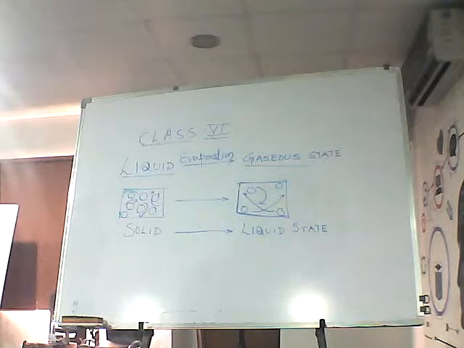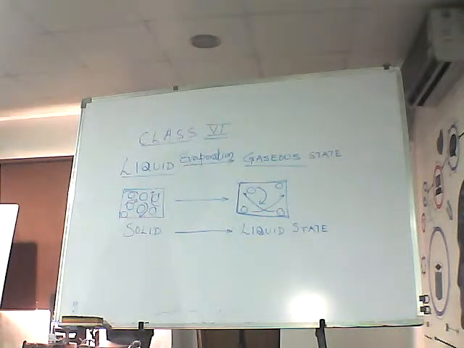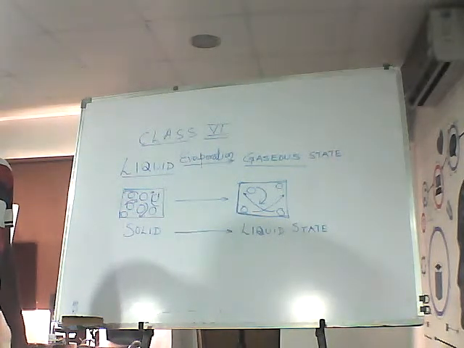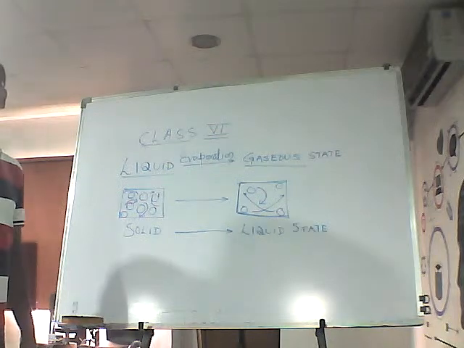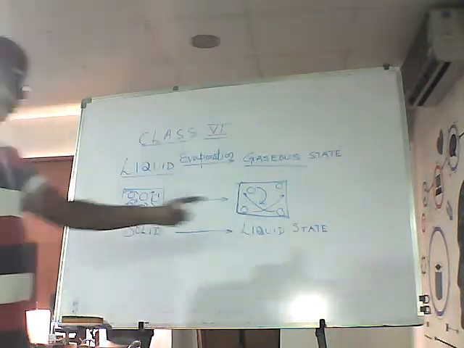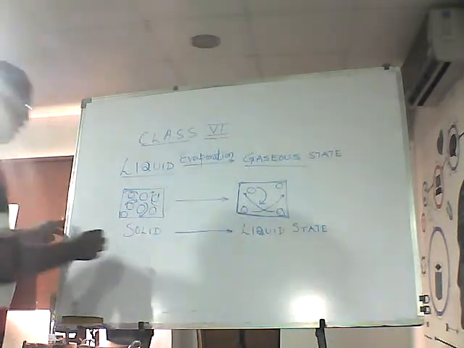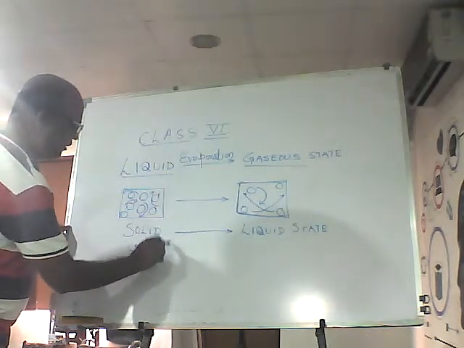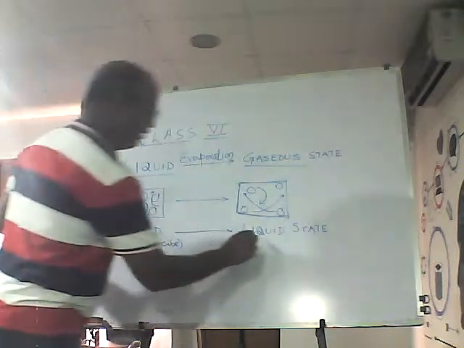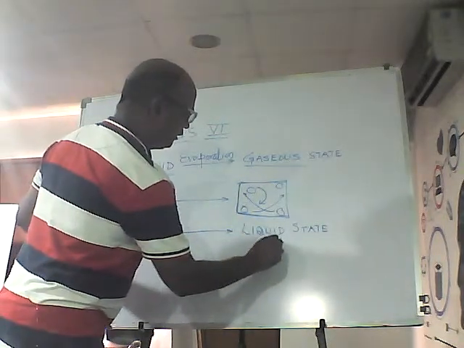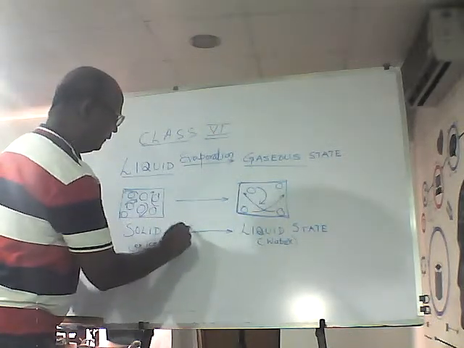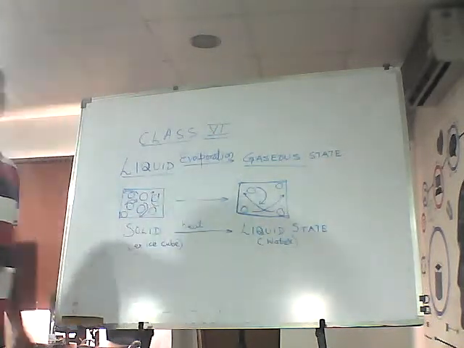For example, if you take out ice cubes from the freezer of the refrigerator and keep them outside, that ice cube will convert into water. Ice cube, kept at room temperature, will convert into liquid water. So solid changes into liquid on heating. What do we call this process?